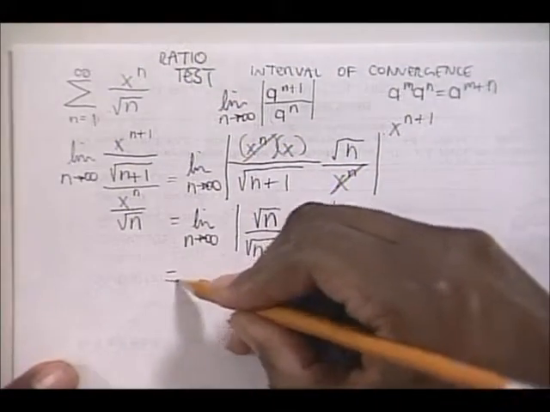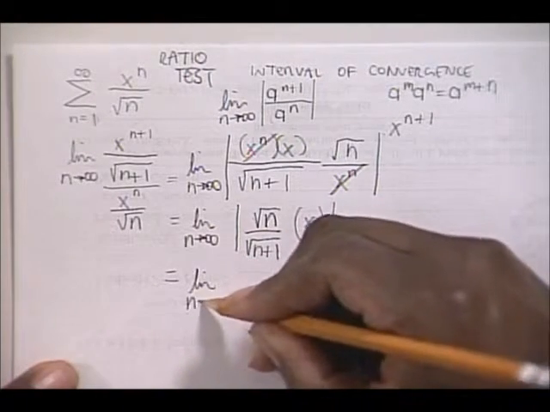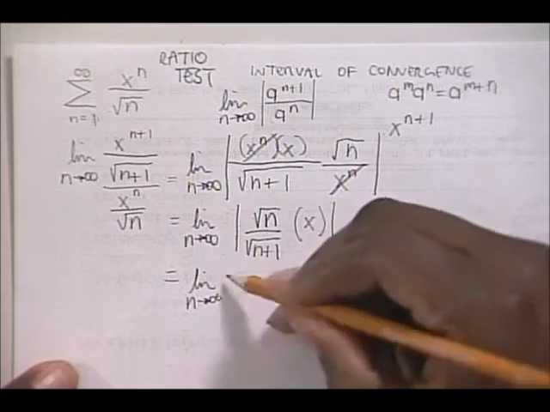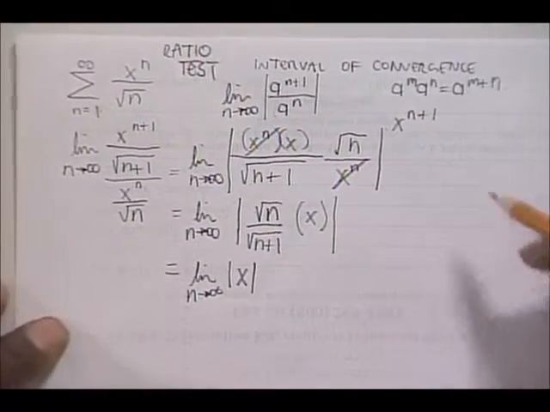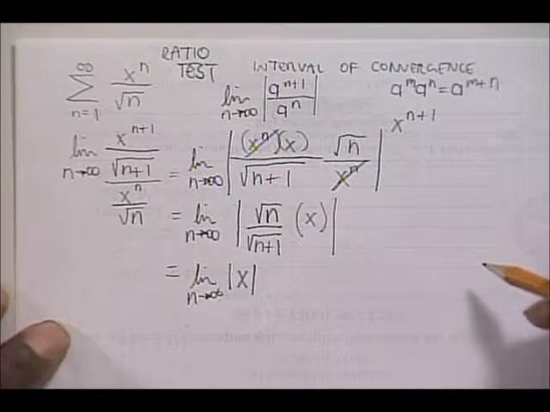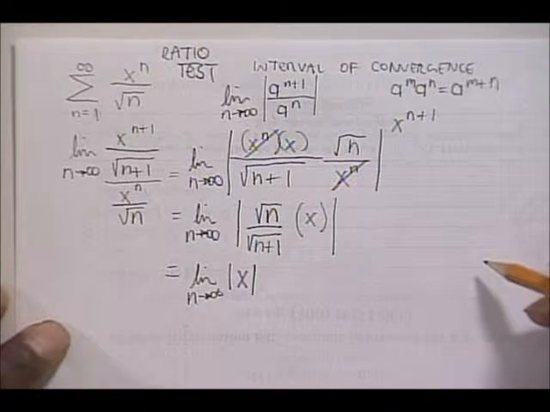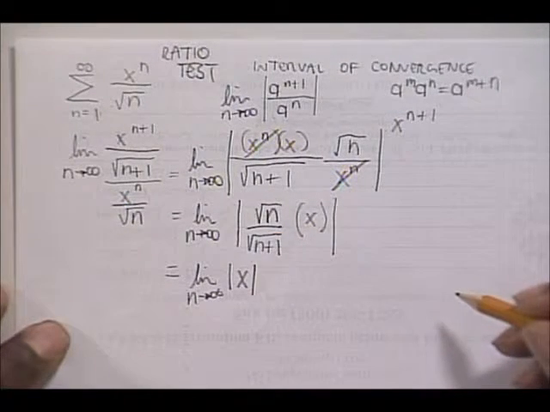This can be simplified to the limit as n goes to infinity of the absolute value of x. One of the things that you should have learned is a property of limits: if you have the limit of a product, you can take the product of two different limits.